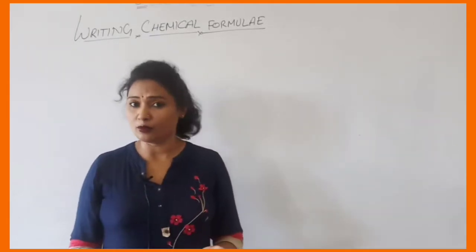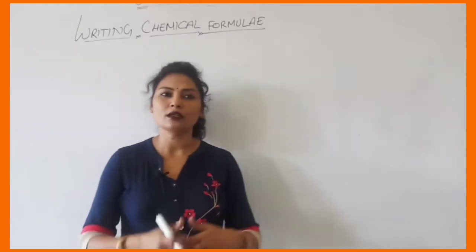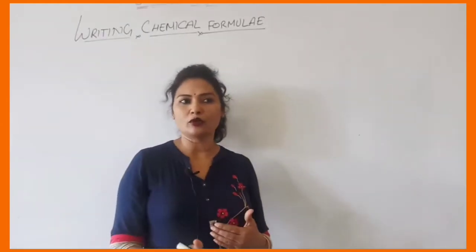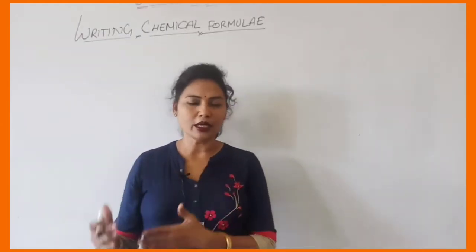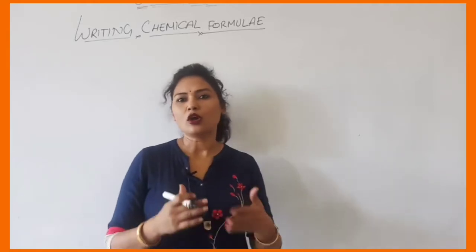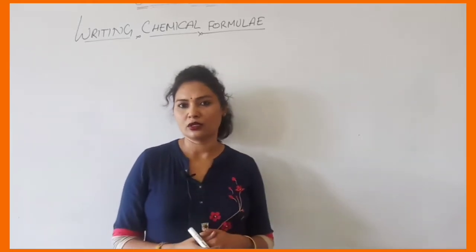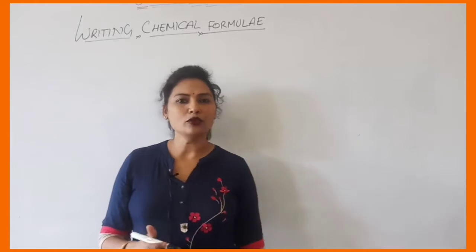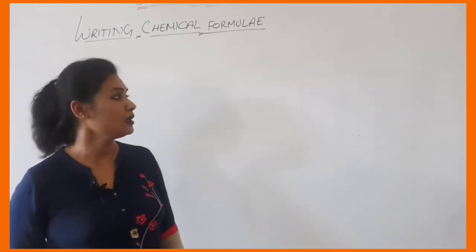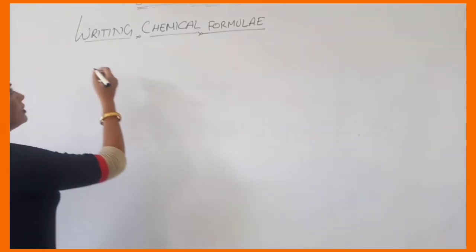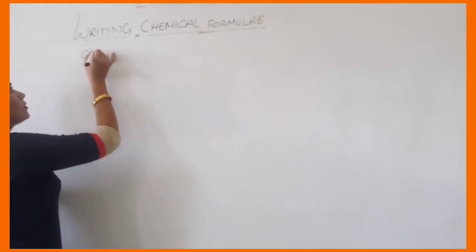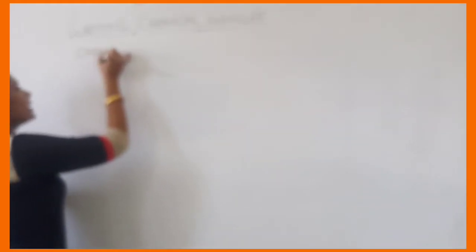What is a chemical formula? Actually, the chemical formula of any compound is a symbolic representation of its composition. So today I want to start the chemical formula. First we'll write the definition.